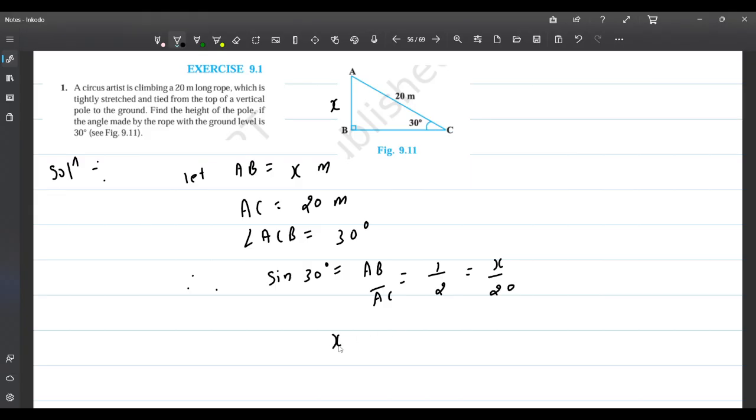So x is 10 meter. So height of the pole is 10 meter.